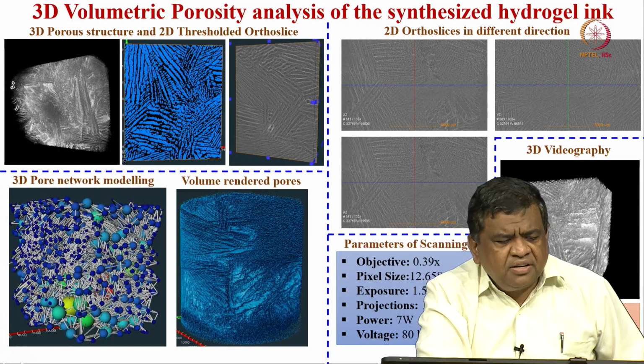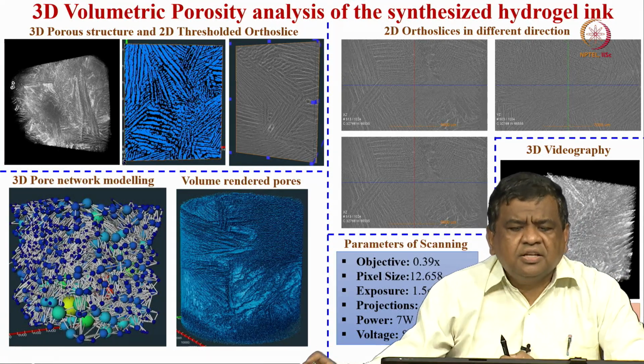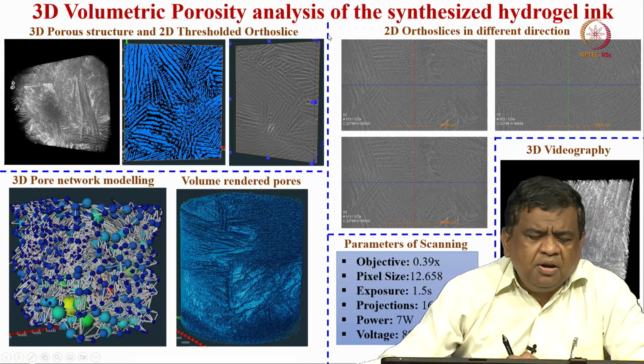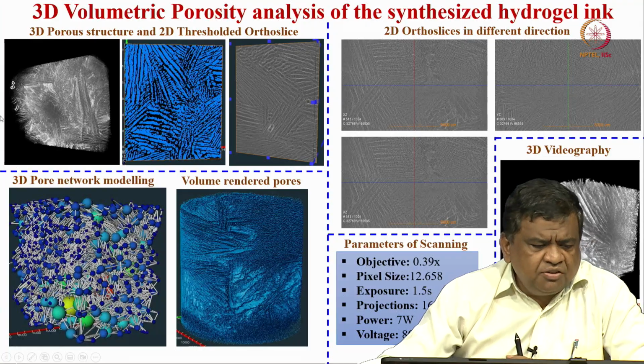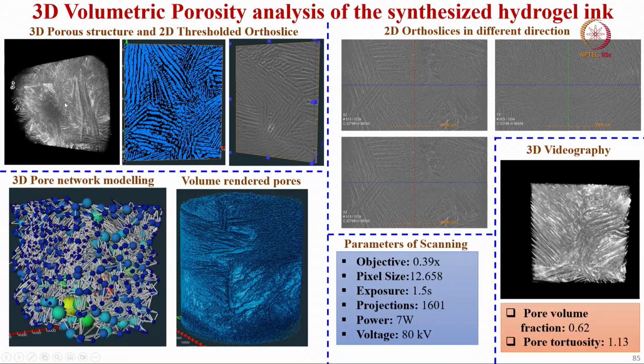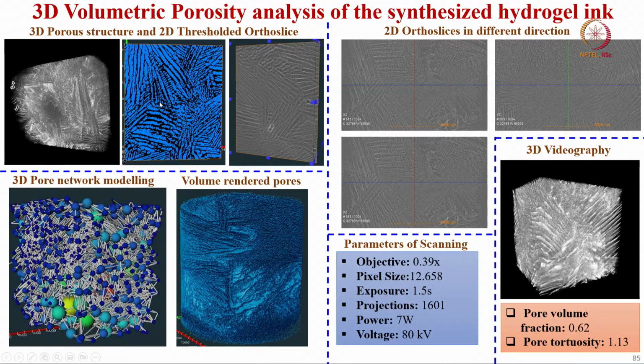You will see some of the examples here, for example, this is the 3D volumetric porosity analysis for the synthesized hydrogel ink. So, these are 3D porous structures, and this is the 2D ortho slices. Now, you can do a lot of different kinds of quantitative approaches, for example 3D pore network analysis.